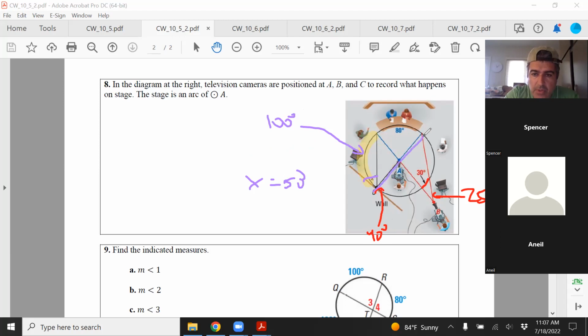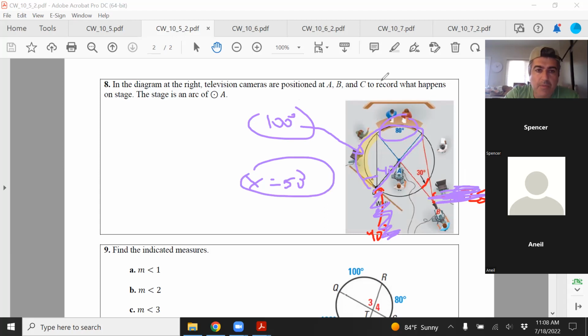Because this is a semicircle. You have 80 right here, so you have to have 100. So actually I didn't even need to bother with that part. That was not even necessary. Or even that part as well. But it is good to know that's 40 because you have a tangent to the diameter or radius. So x has to be 50 anyway. So there's a few ways you could look at it. But x is 50.